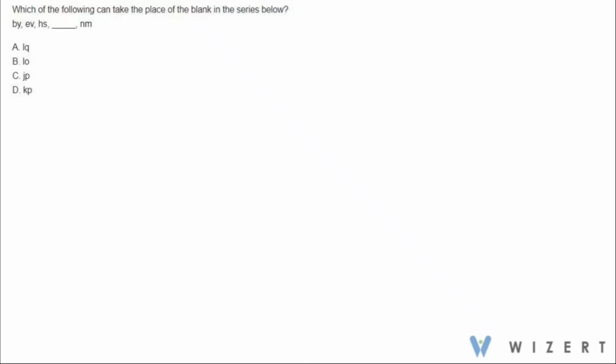We have this question here: which of the following can take the place of the blank in the series below? So, let's see. Let's try and see these members.